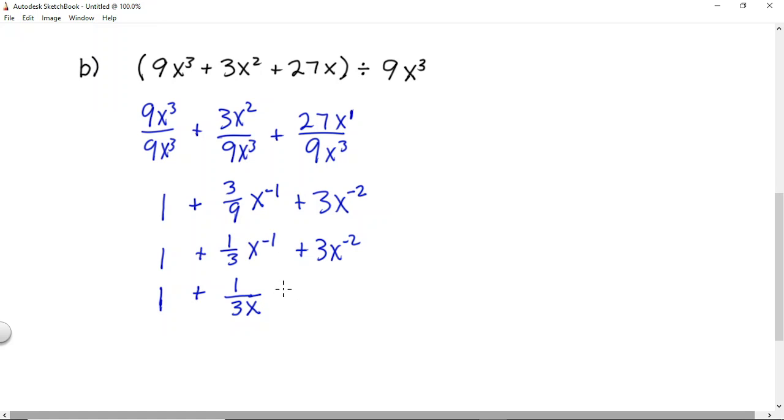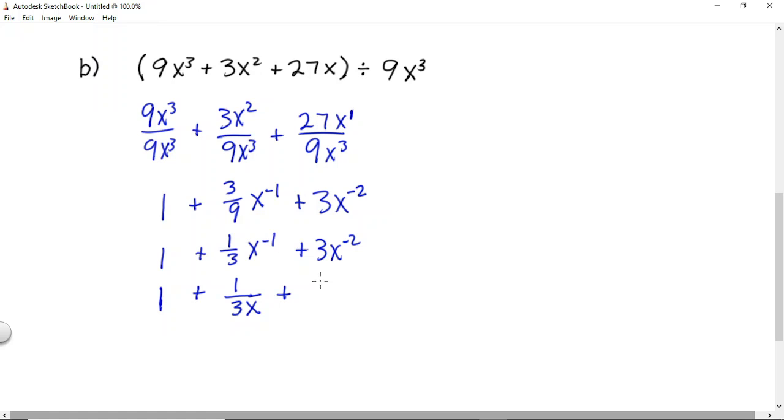Okay, so then our last one, we have the 3, and in the denominator, we're going to have x to the second power, right? Because in the numerator, it's x to the negative 2, so in the denominator, it's x to this 2. That is x squared.